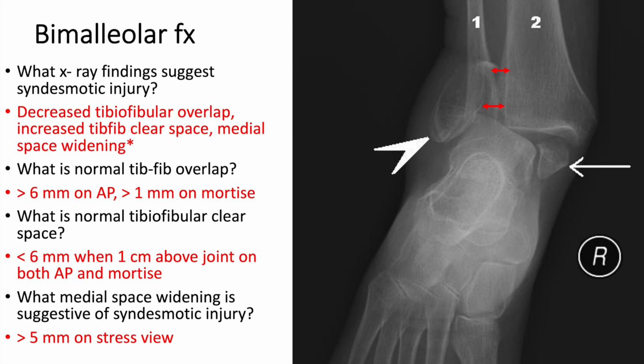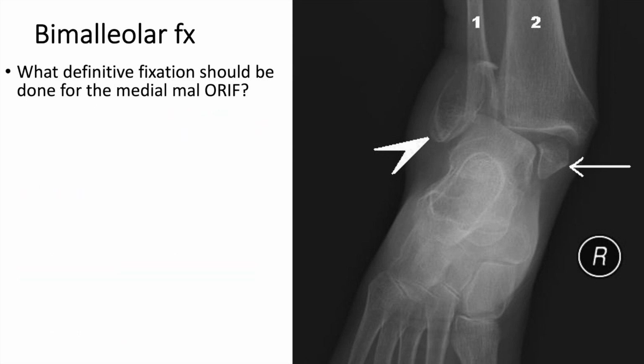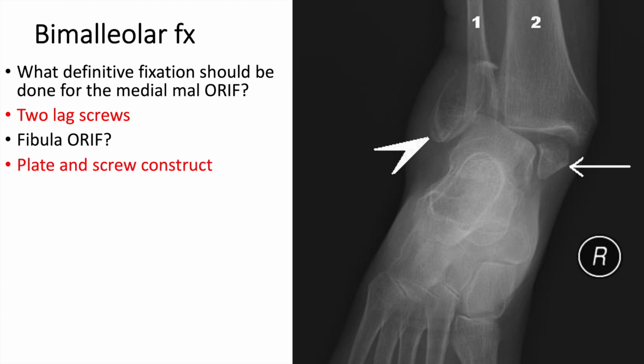So for the medial mal, what do you guys want to do for definitive fixation? We're going to put 2 lag screws in, all right? And so for the lateral mal, what do you guys want to do? All right, plate and screw construct. And for the syndesmosis, 2 options.